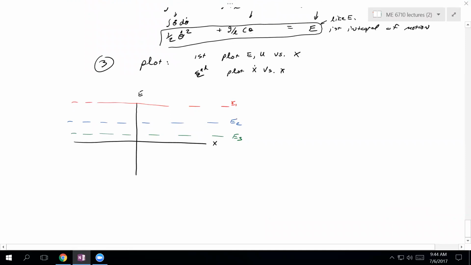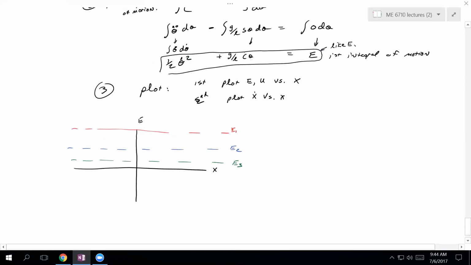Okay, now we need to plot the U. In this case, I say the U, but it's the non-kinetic term. So this is g over L cos theta.